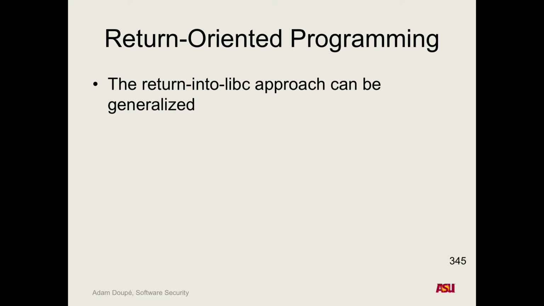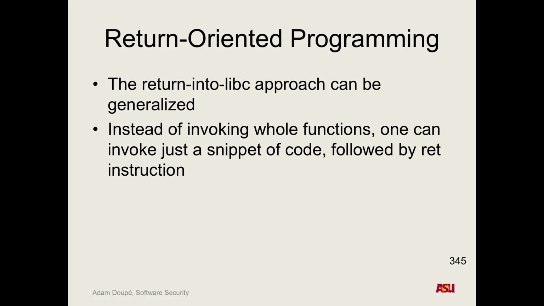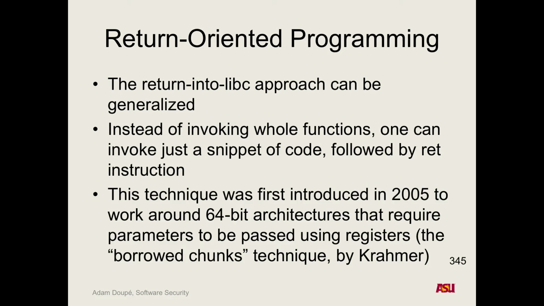So for instance, that will pop EBP and then return. Or that will increment 1 to EAX, as we'll see. So the idea is instead of executing with libc entire functions, let's just find super tiny functionality that we can use that are followed by a return instruction.